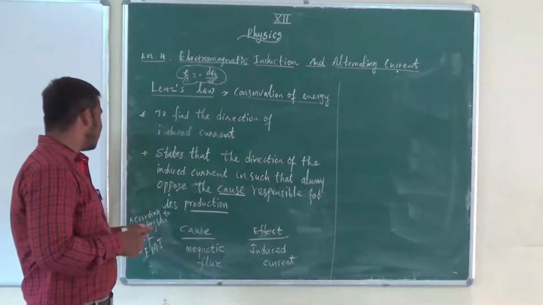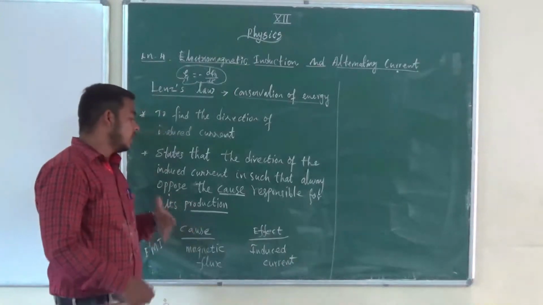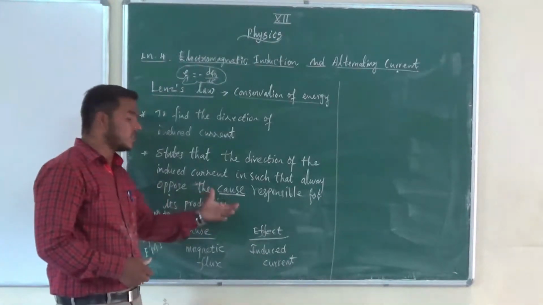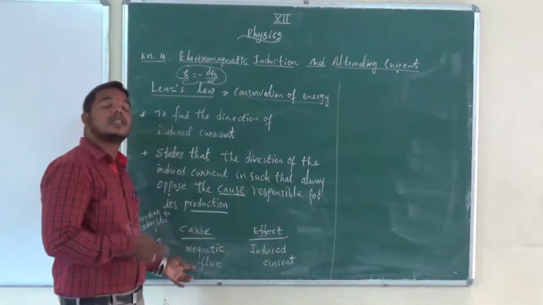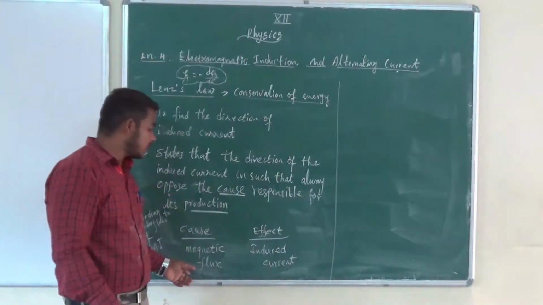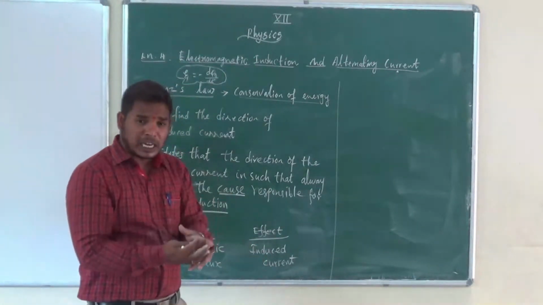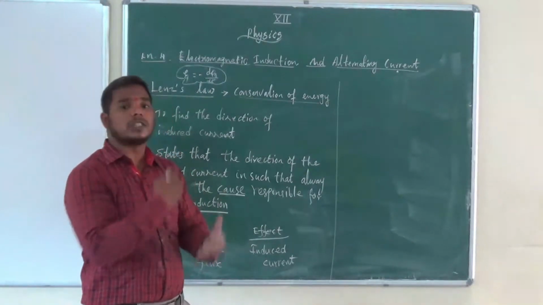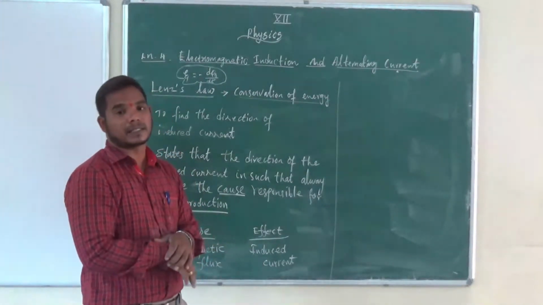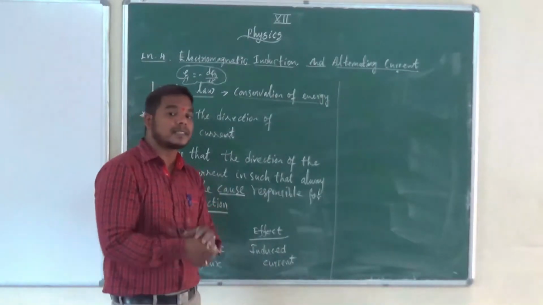According to Faraday's law of electromagnetic induction, the cause is the change in magnetic flux, which may increase or decrease. The effect is the induced current. This induced current always opposes the change in magnetic flux, whether increasing or decreasing. How?